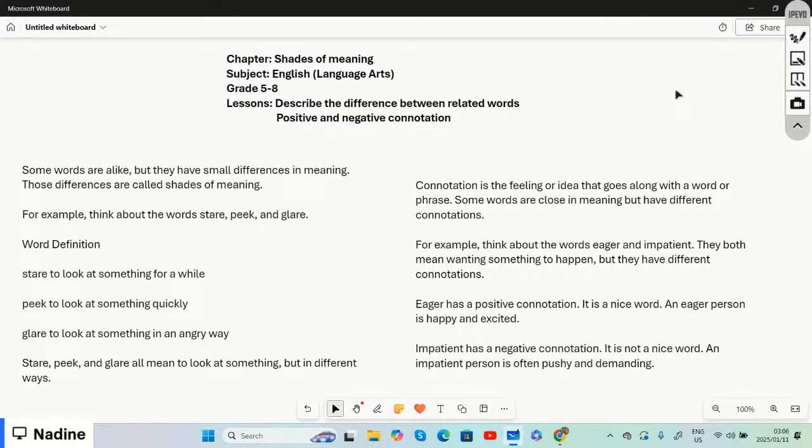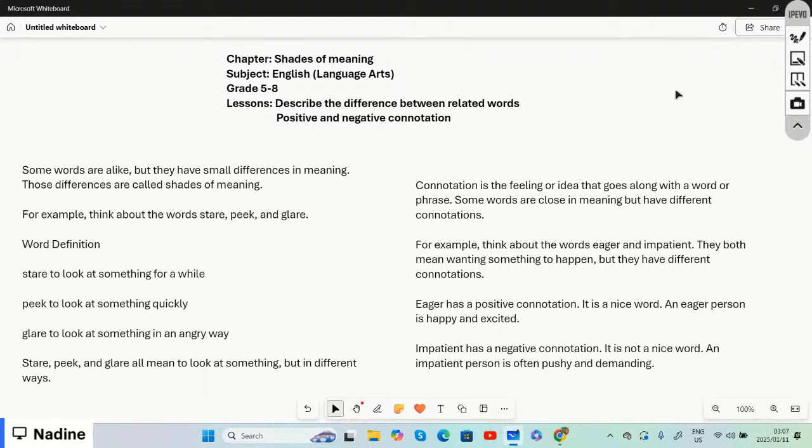All right. So when it comes to shades of meaning, some words are alike.